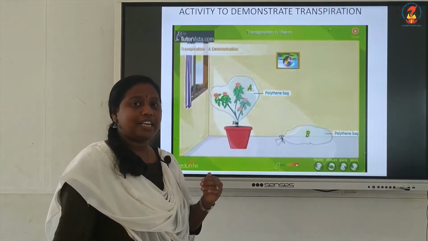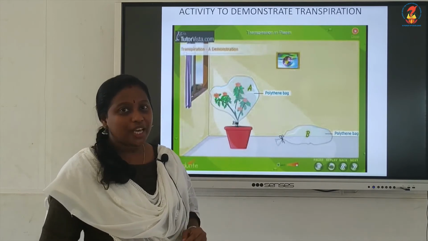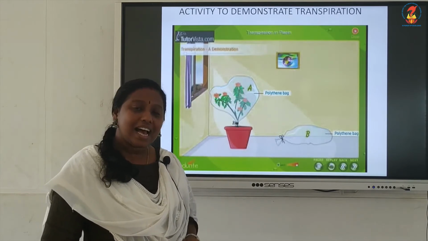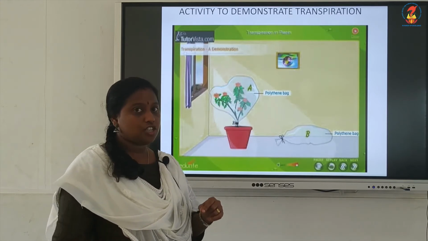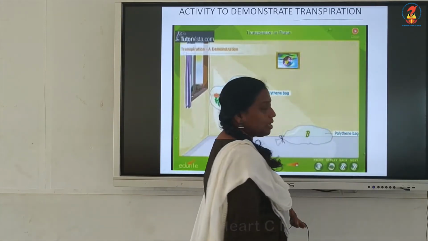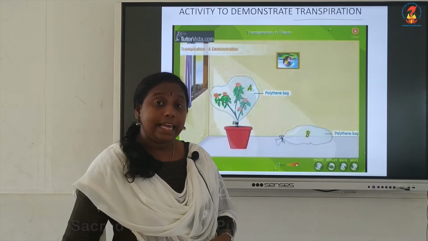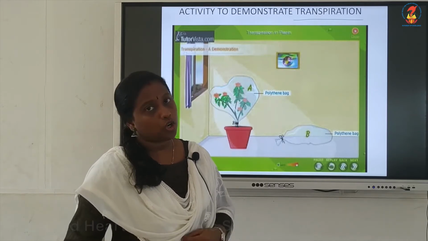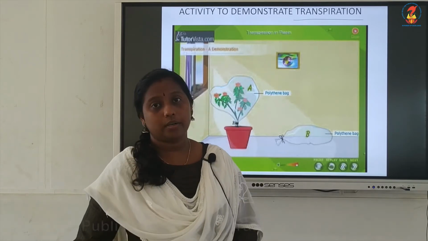Now, we are going to study about a phenomenon which occurs in the leaf. You call that process as transpiration. See, now what is transpiration? Transpiration means the leaf will lose water in the form of water vapor.